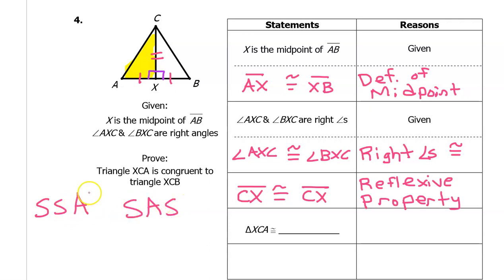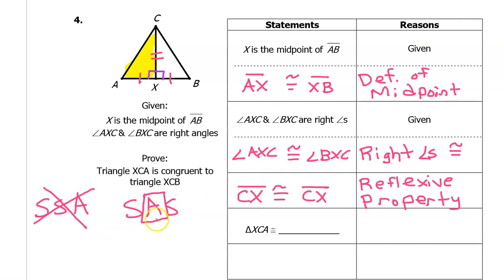That means this situation is either going to be side-side-angle or side-angle-side. But guys, we have memorized at this point that side-side-angle does not prove triangles are congruent. So if this turned out to be side-side-angle, we'd be stuck because this would be useless. So you can bet it's going to be side-angle-side. But let's just follow through and see why it makes sense.